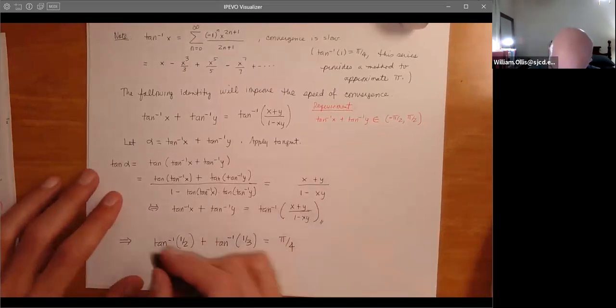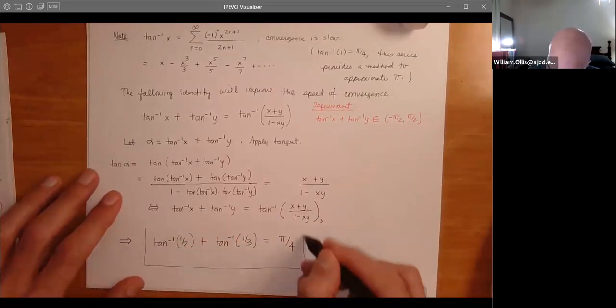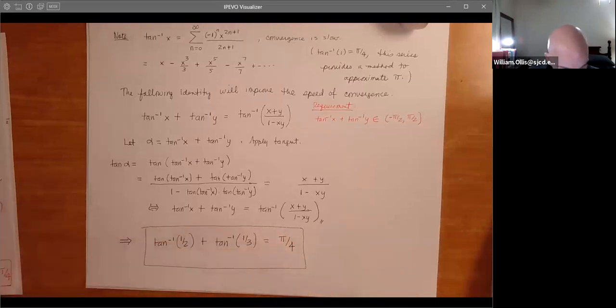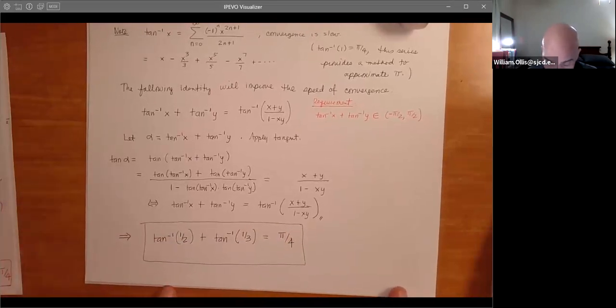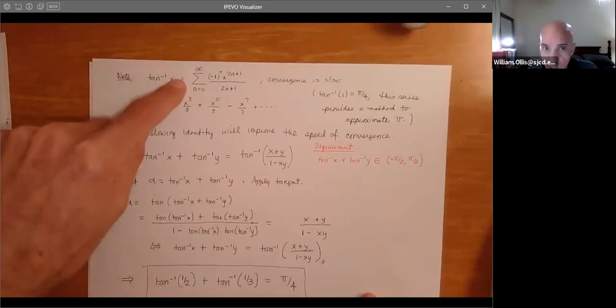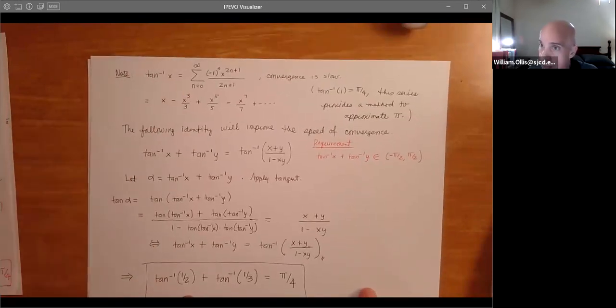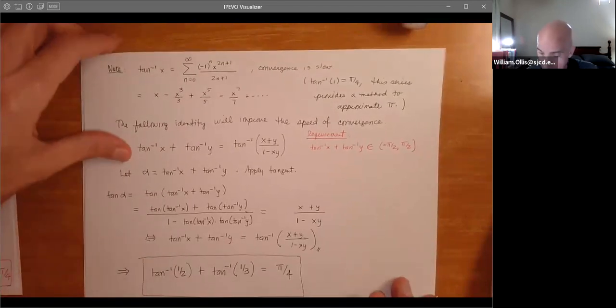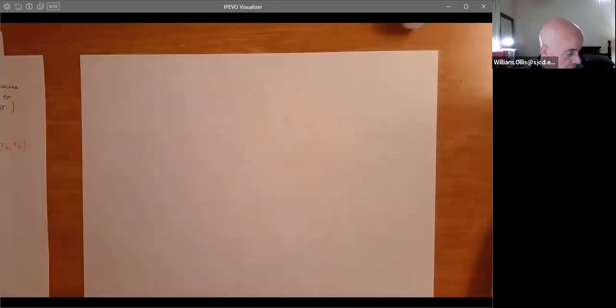So this gives you this specific example. So now what we can do is multiply this by 4 and use this series with these to get quicker convergence. So let me show you.